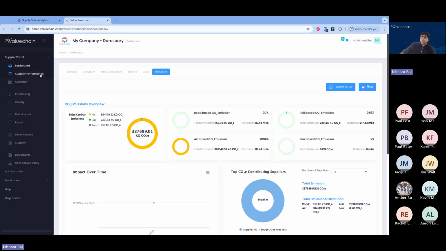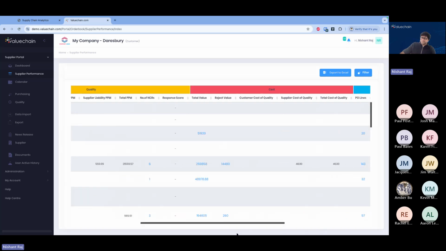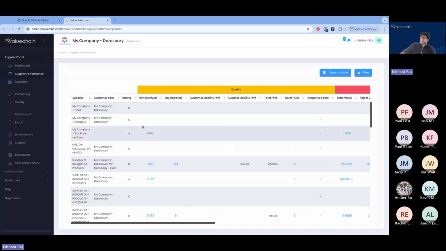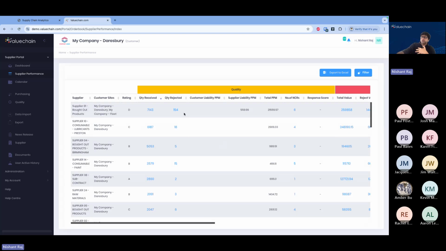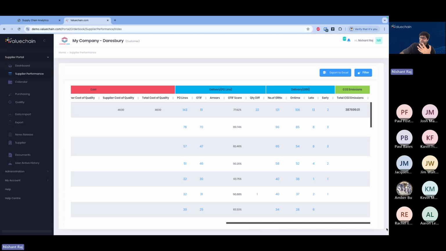This also then goes into, normally when you are starting to track suppliers and their performance, it's always been on quality, on cost, on delivery and performance.